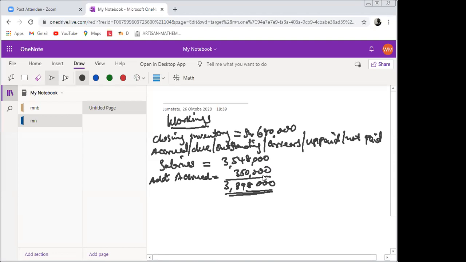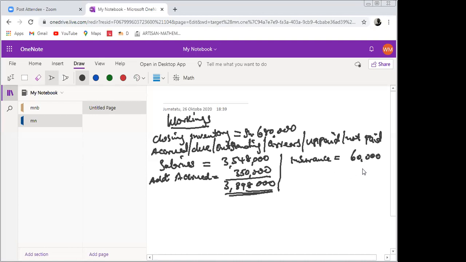Then we are told that we have prepaid insurance. So what was the figure for the insurance from the trial balance? How much was paid towards insurance? 60,000 was paid, correct? Then we are told that out of this 60,000, there was a prepaid of 17,000. Remember, prepaid simply means that it was paid in excess.